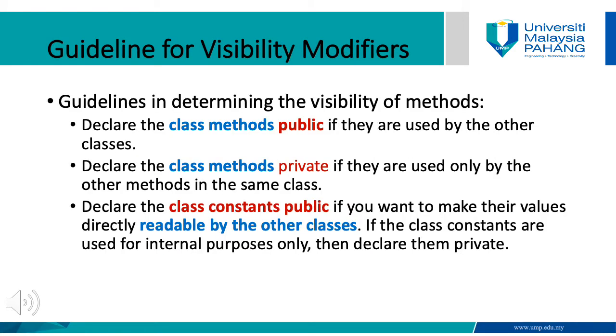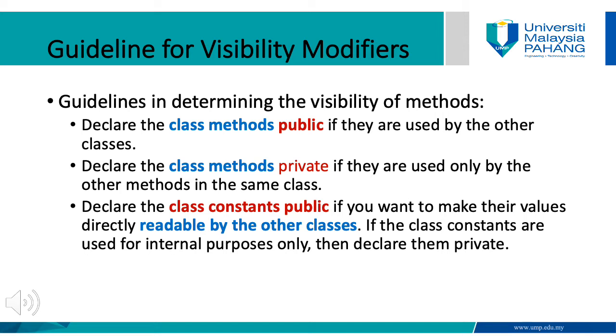So there are several guidelines for the visibility of the modifiers. This is how you will learn which modifier you should choose, either public or private. First, you have to declare the class methods as public if they are used by other classes.